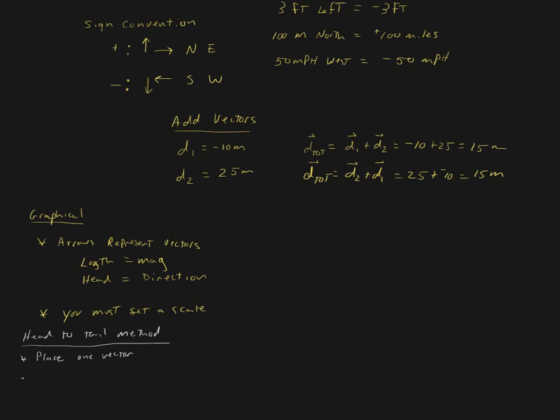Then you place the tail of the second vector on the head of the first. The resultant, I'll talk about that in a second, goes from the starting point to the ending point.